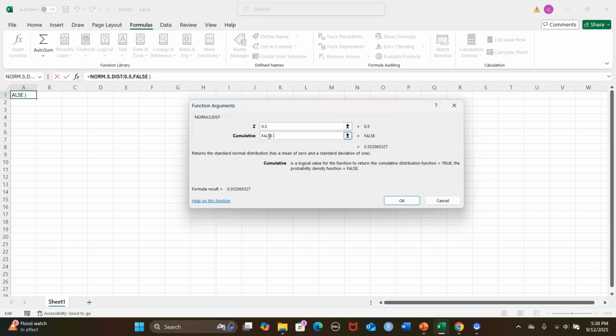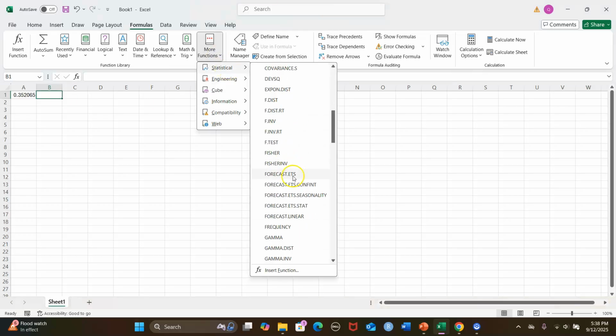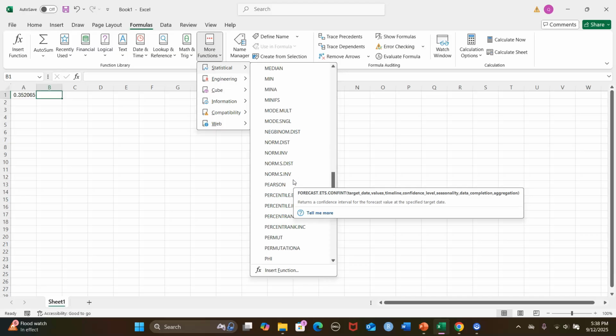Remember the PDF for the normal distribution, there's a formula for that, okay? So if you specify cumulative false, then it's going to just evaluate that PDF at value x equal to 0.5. And you can see that is 0.352065, okay?